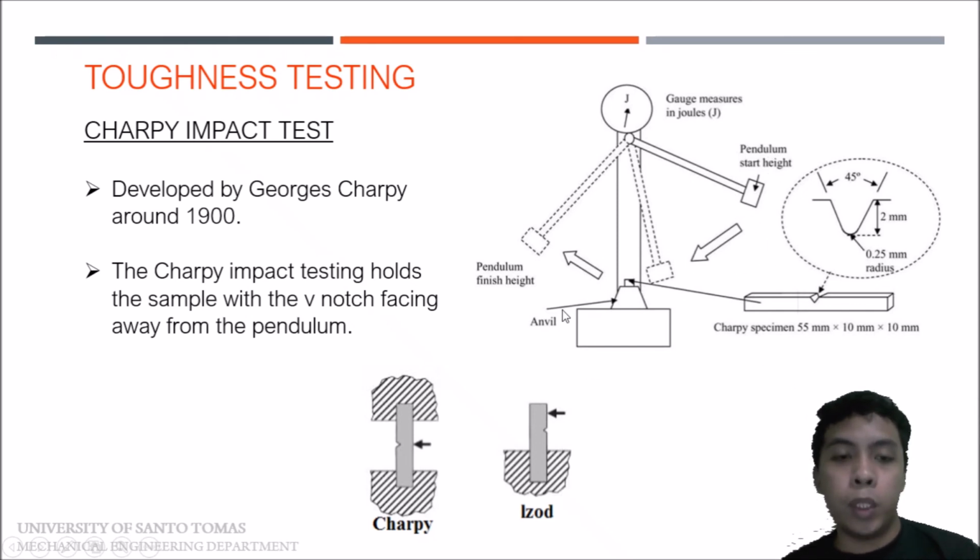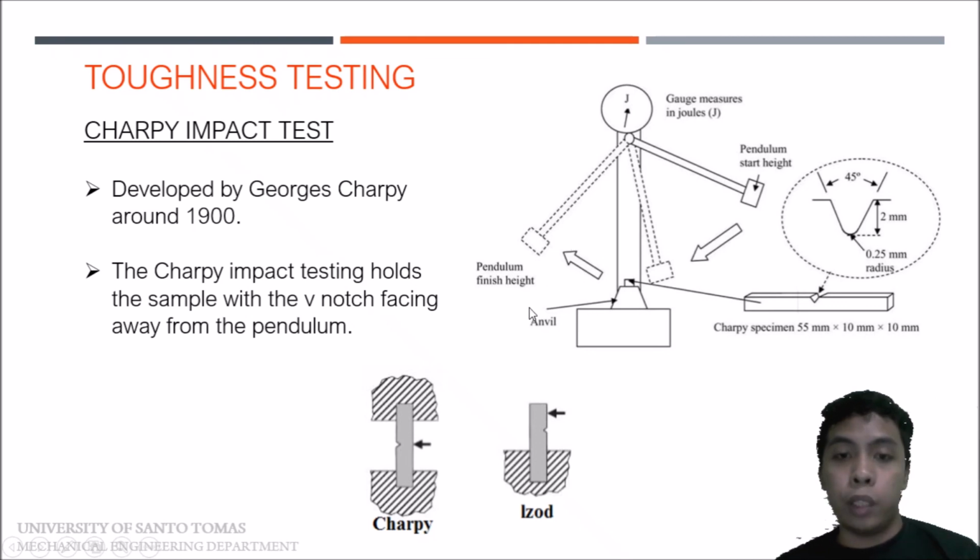The difference between the two, Charpy and Izod, is the specimen itself. In Charpy, our specimen is held at both ends, while in Izod it is only one end. The positioning of our specimen is such that the V-notch in Charpy is away from the striking edge, while in Izod it is towards the striking edge.